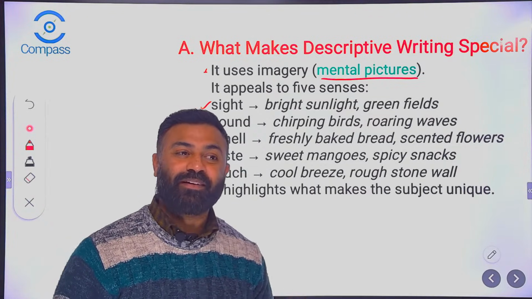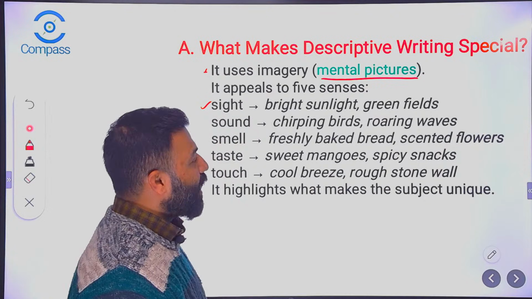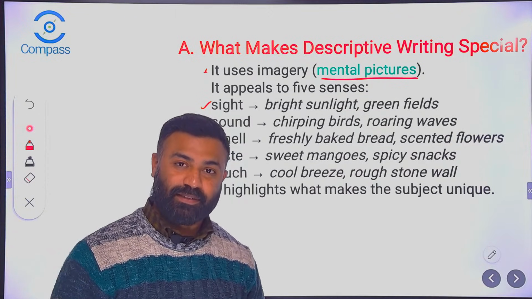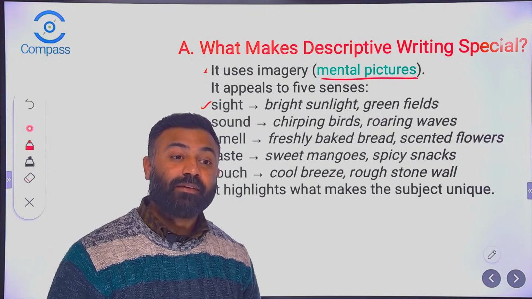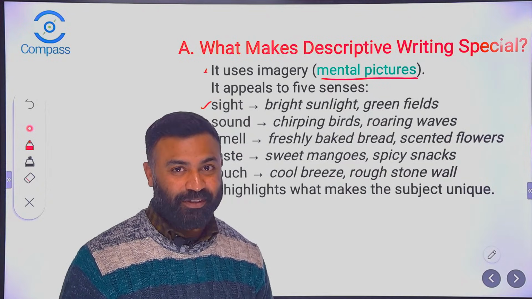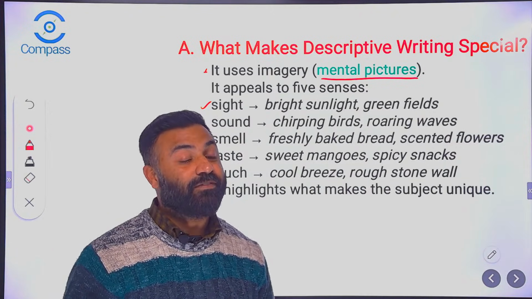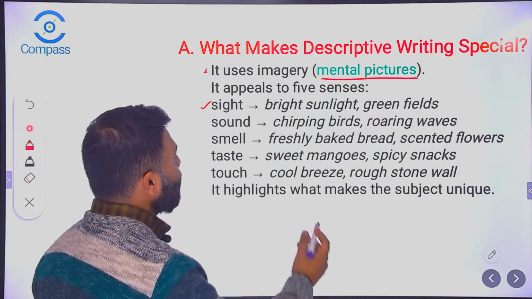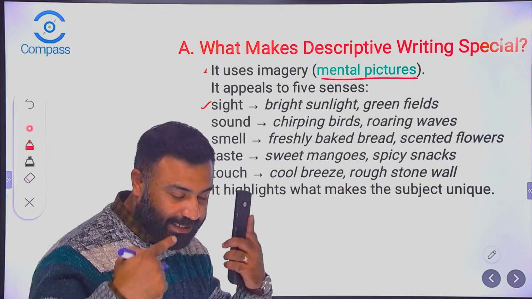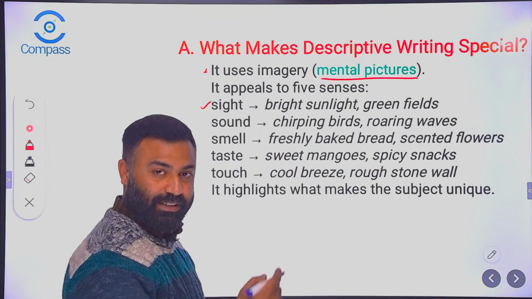Suppose you get a topic where you have to describe hills, and suppose you have never been to hills. So now what do you have to do? You've got to use the faculty of imagination. And when you use it, the first thing you engage is sight. You are visualizing in your mind bright sunlight, green fields.